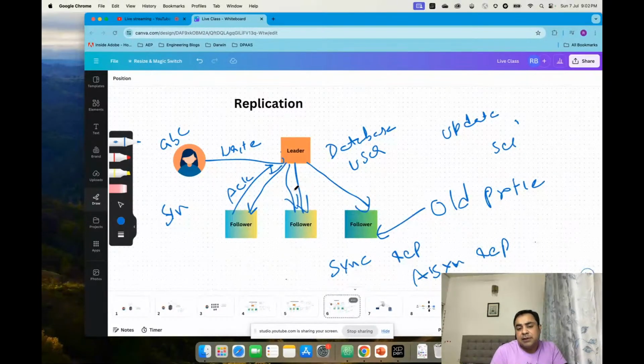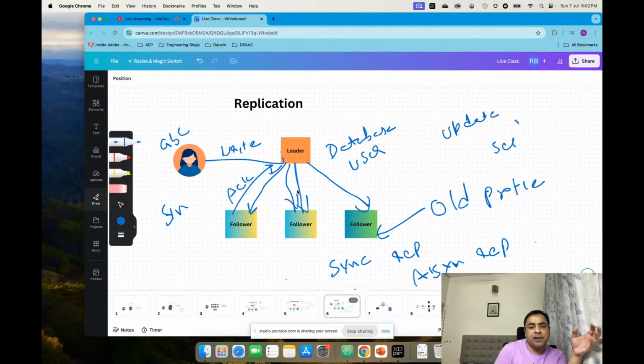It may happen that this follower has done it, this follower hasn't, and this follower had some problem and was not able to do it. If the leader has to follow sync replication and make sure at least 3 copies are there, and it is not able to, then after a certain time window of some seconds, the leader will come to know that there is a problem.